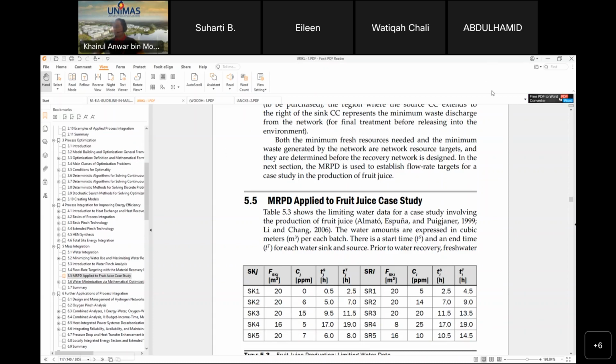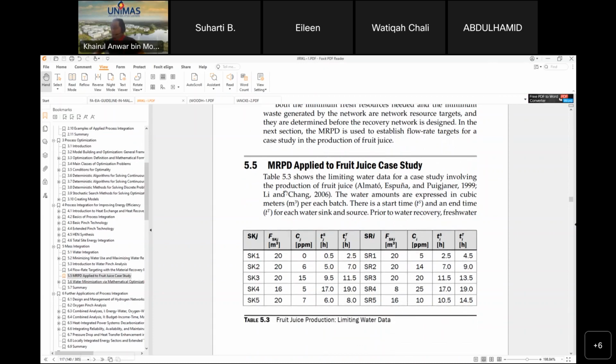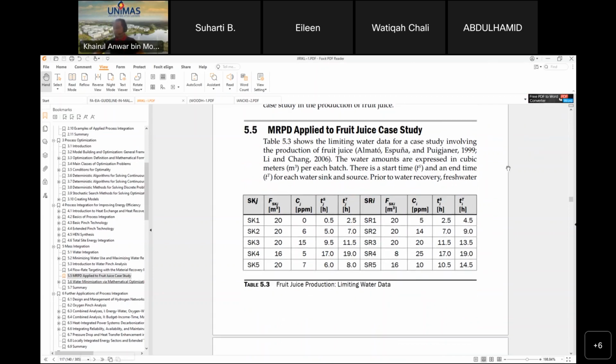Okay, later I check. So MRPD applies to the fruit juice case study. MRPD is material recovery pinch diagram. Table 5.3 shows the limiting water data for a case study involving the production of fruit juice. The water amounts are expressed in cubic meters per batch.